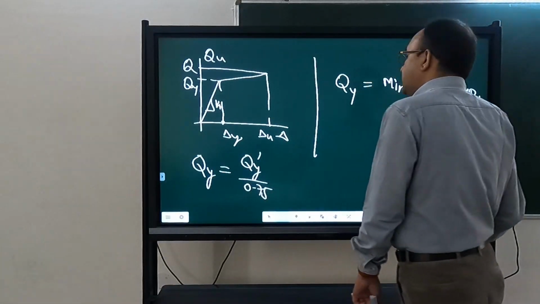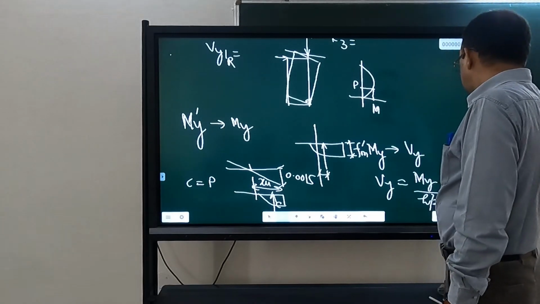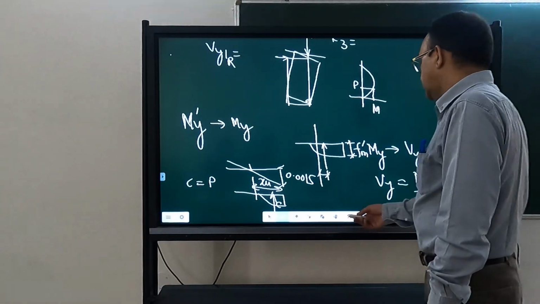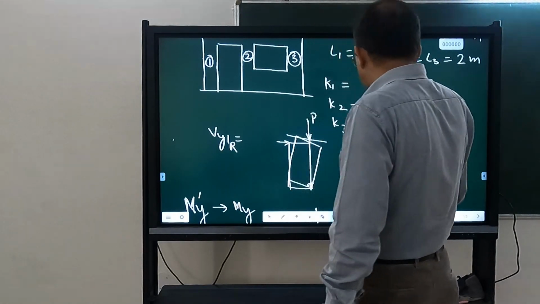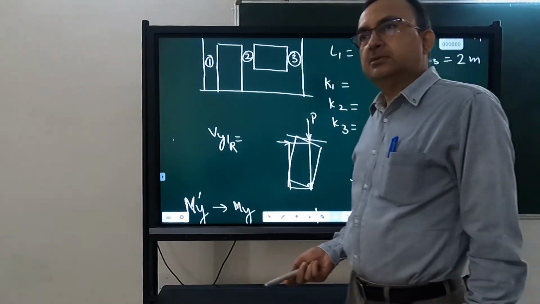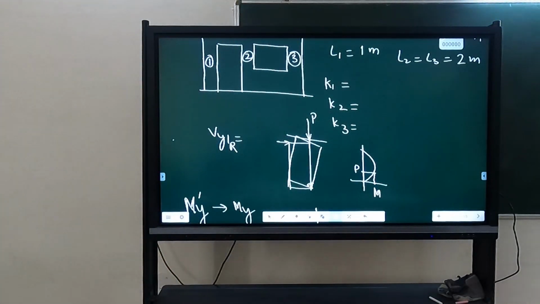You have plotted the PM interaction curve. Yes sir, not in tension. So the PM interaction curve for masonry also you have plotted. Yes. So it can take moment, with axial load it can take moment.